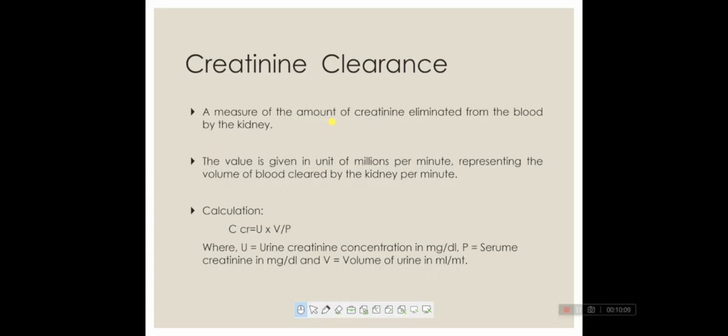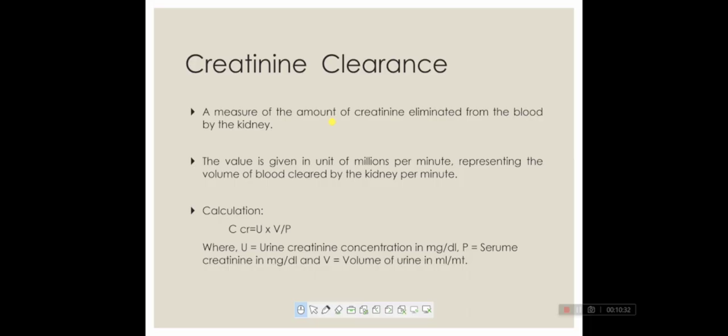As we know, creatinine is a waste product which is excreted from the kidney. So the creatinine clearance test compares the creatinine in a 24-hour sample of urine to the creatinine level in the blood, which will show how much waste product the kidneys are filtering out in each minute.